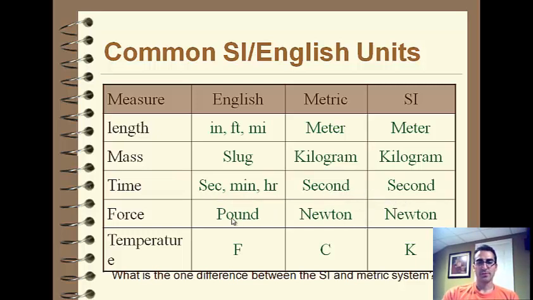For force, we use pounds, but everybody else uses newtons. And for temperature, we use degrees Fahrenheit. And in most countries, they use the metric system, so they'll use degrees Celsius. But in the scientific community, temperature or change in heat is measured in Kelvin. And notice it's not degree Kelvin, it's just Kelvin.